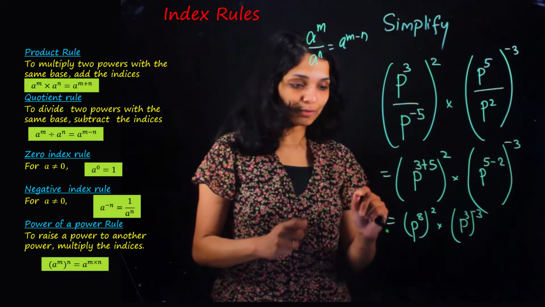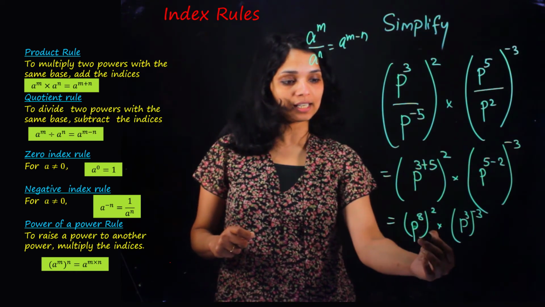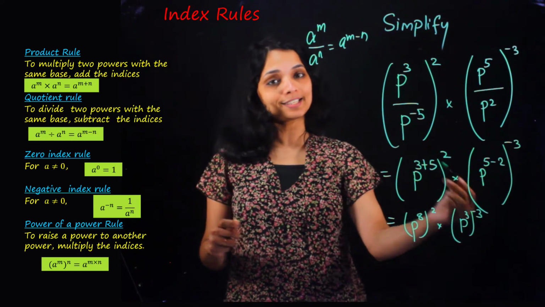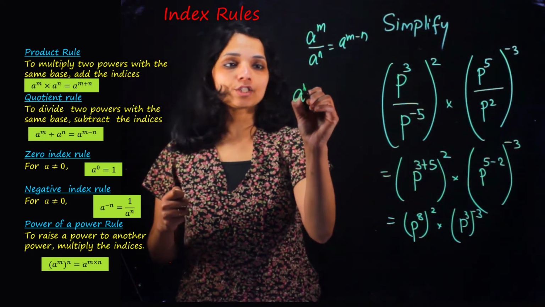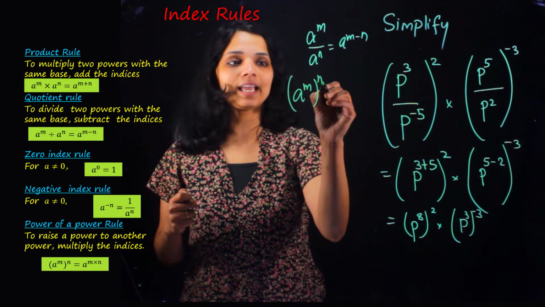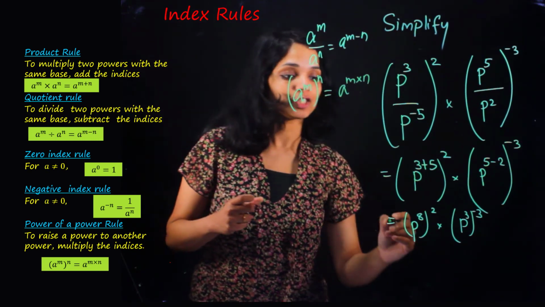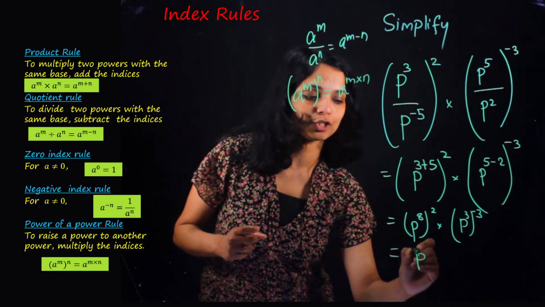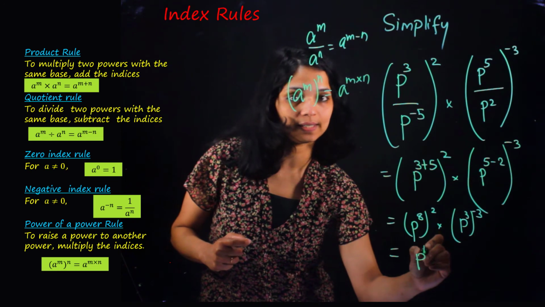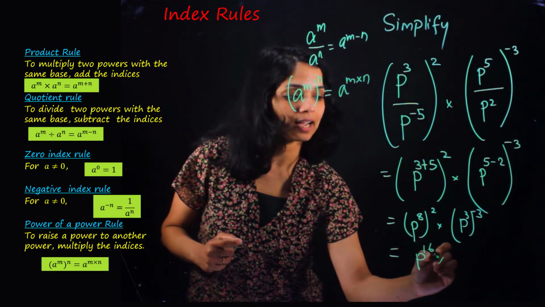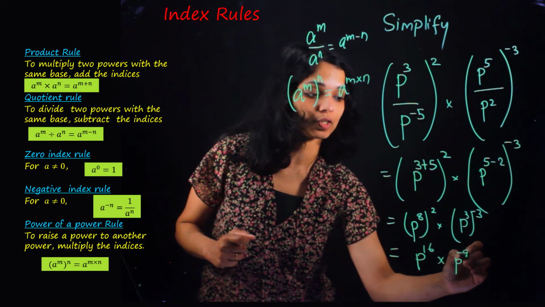So we can further simplify this one by applying the power rule, because this is of the form p to the power 8 whole to the power 2, which is of the form a to the power m to the power n. The answer is a to the power m times n. So using that one, we're going to simplify this as p to the power 8 times 2 is 16, and times p to the power 3 times minus 3 is minus 9.